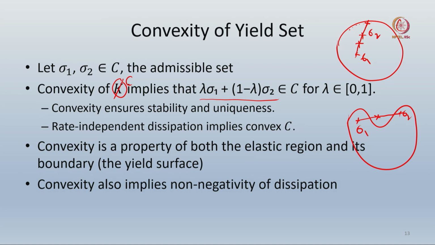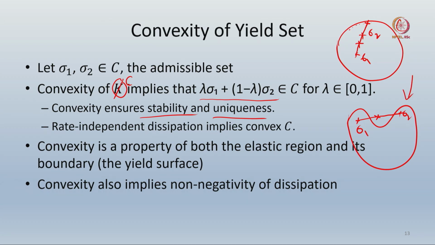Why is it an important property? Because it ensures uniqueness of solutions, and most importantly it ensures stability. Okay. So, I will tell you what I mean by stability here. Think about the situation in which C is non-convex.